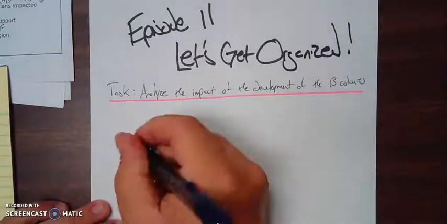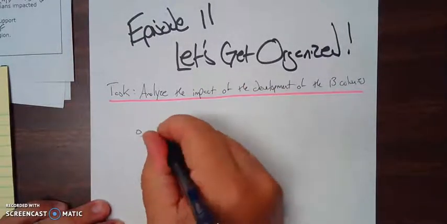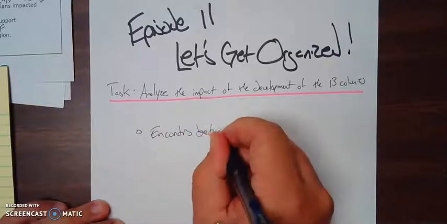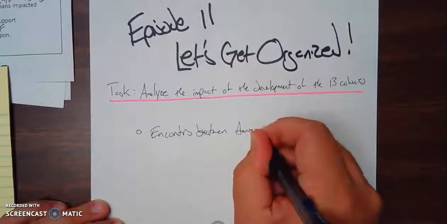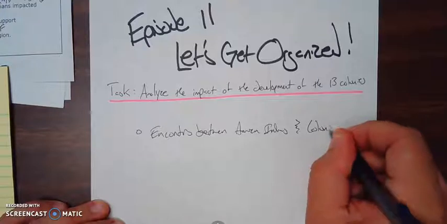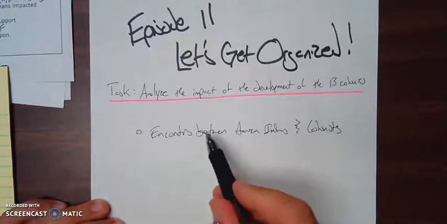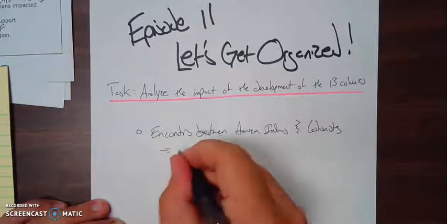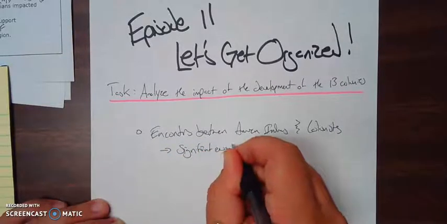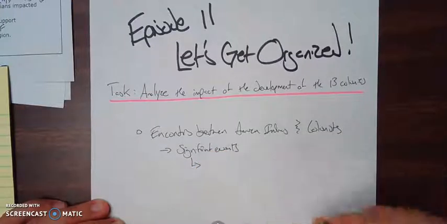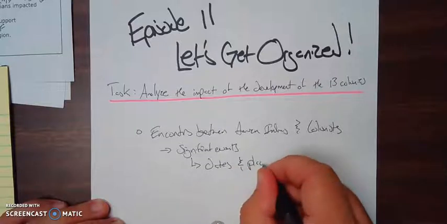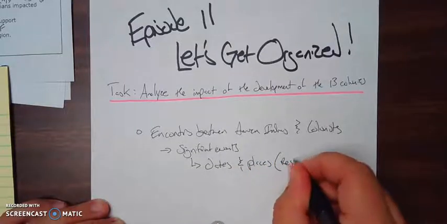So the first thing that I'm going to think about here is the encounters between American Indians and colonists. So there's nothing new there. I just took that right from the bullet. I'm going to look for some of the significant events. So some of the details are going to be the dates and places. So I'm thinking about the regions already.